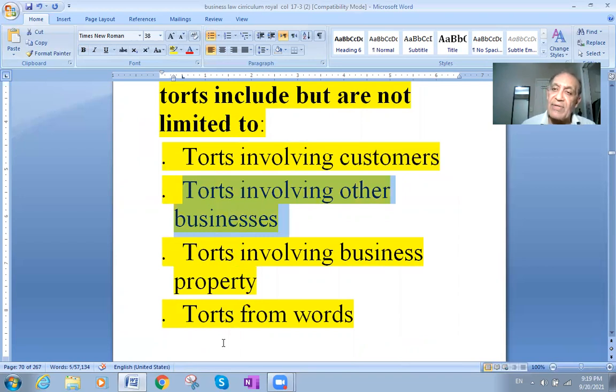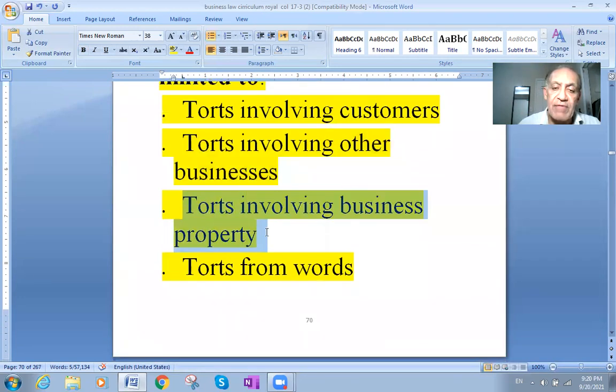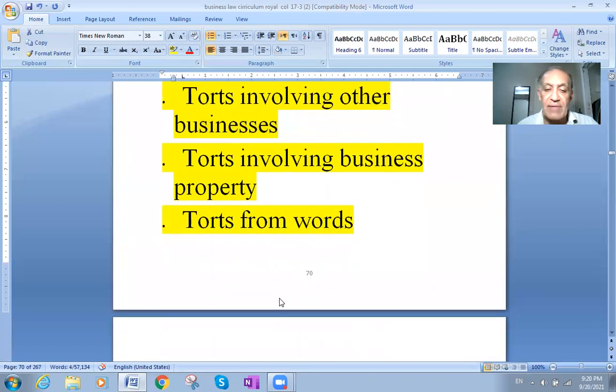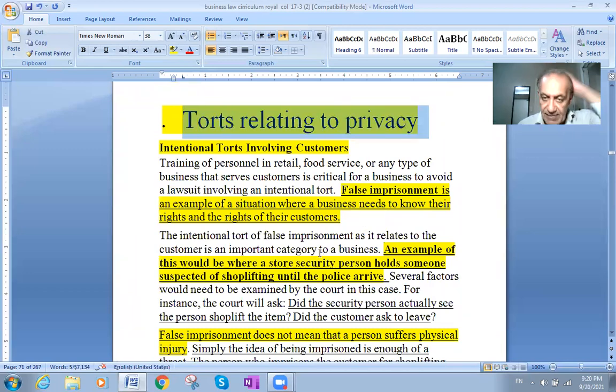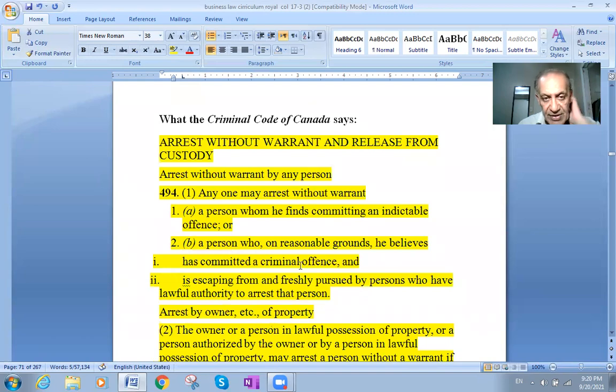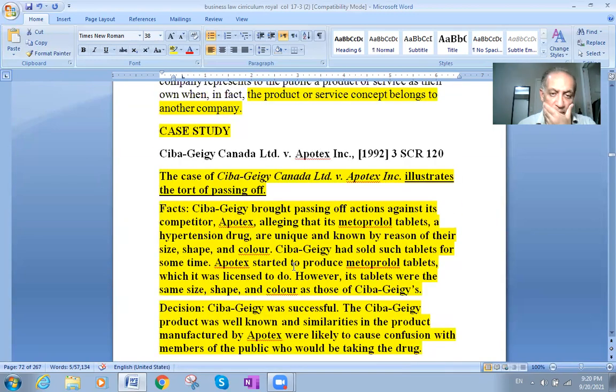You can remove the word tort and just put the word harm instead. Tort involving business property. Tort from abusing or scolding. Tort relating to privacy. Those are the types of tort.